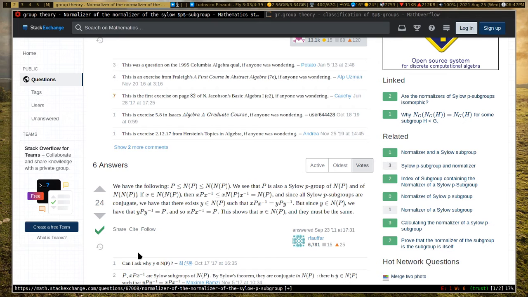I don't know if that helps us. Yeah. But a direct result of this is, since the normalizer of the normalizer is itself, it means that the normalizer is a normal subgroup of G.